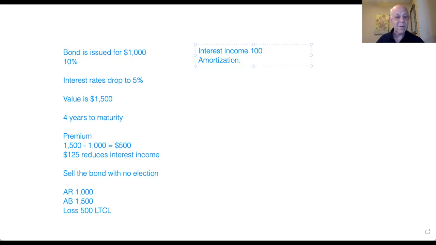All right, so the numbers I'm using aren't working out. The value is not going to go up to 1,500. That was too high a value. Let me get rid of that and make it 1,200.